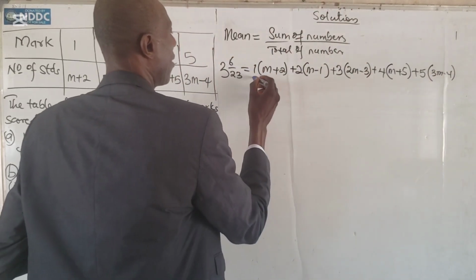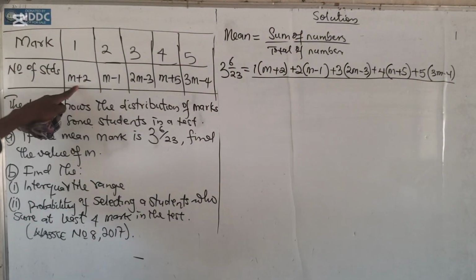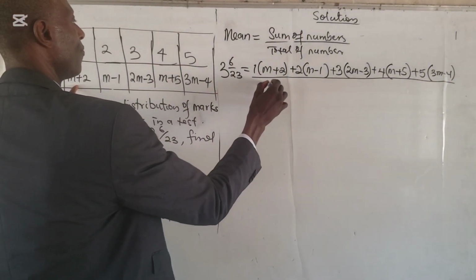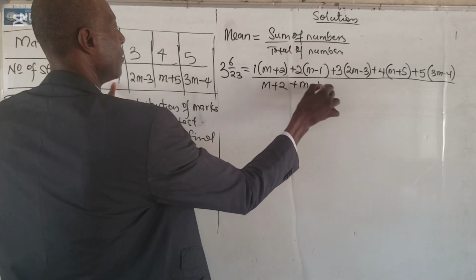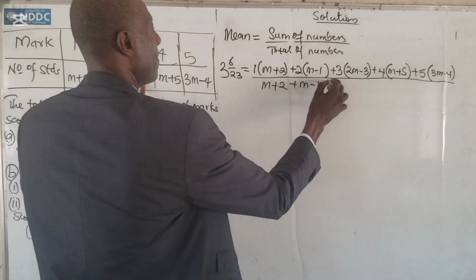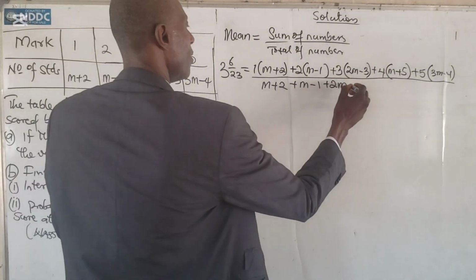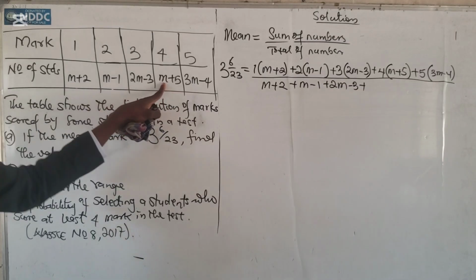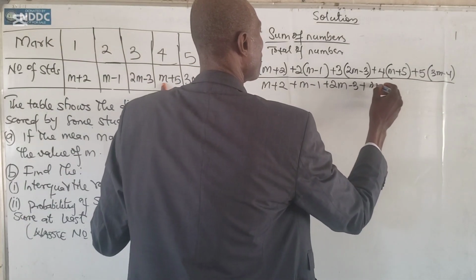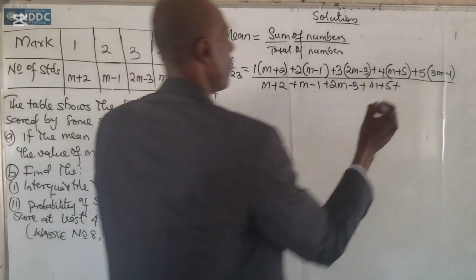Yes, so we are going to add the frequencies, or the number of students, together: m plus 2, plus m minus 1, plus 2m minus 3, plus m plus 5, plus 3m minus 4.